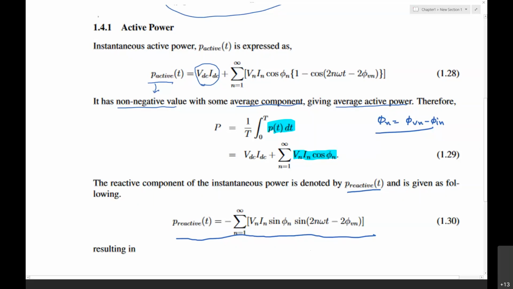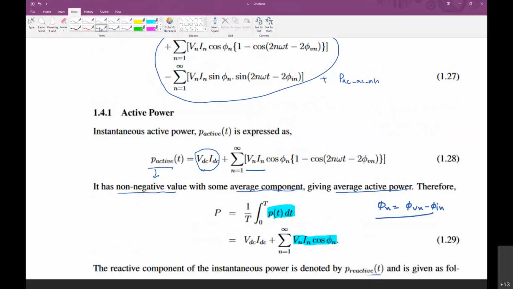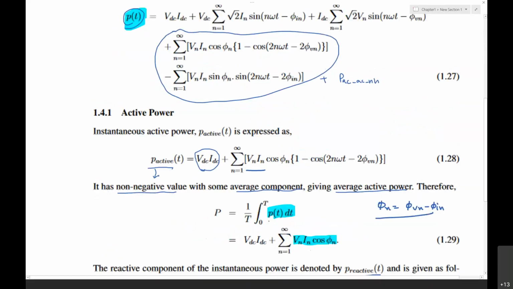Irrespective of whether you take the p active of t or the total overall instantaneous power p(t), you will be getting this particular equation: VDC plus IDC plus summation of n equal to 1 to infinity Vn In cos phi n, where cos phi n is this particular equation, phi Vn minus phi In.